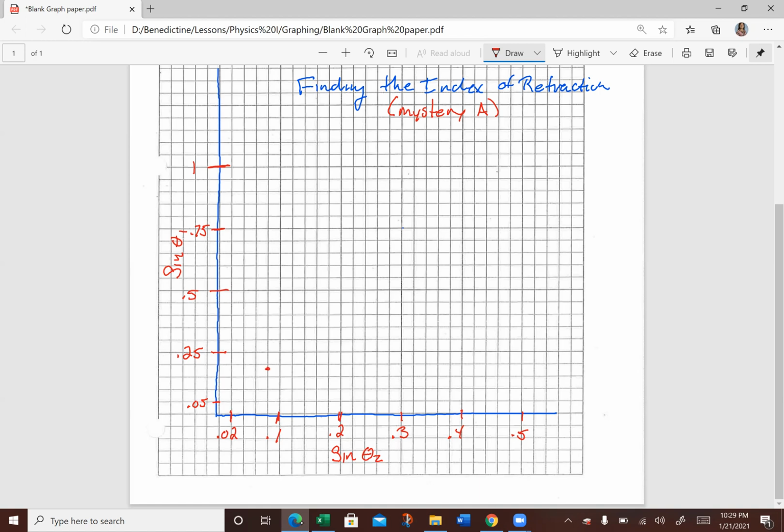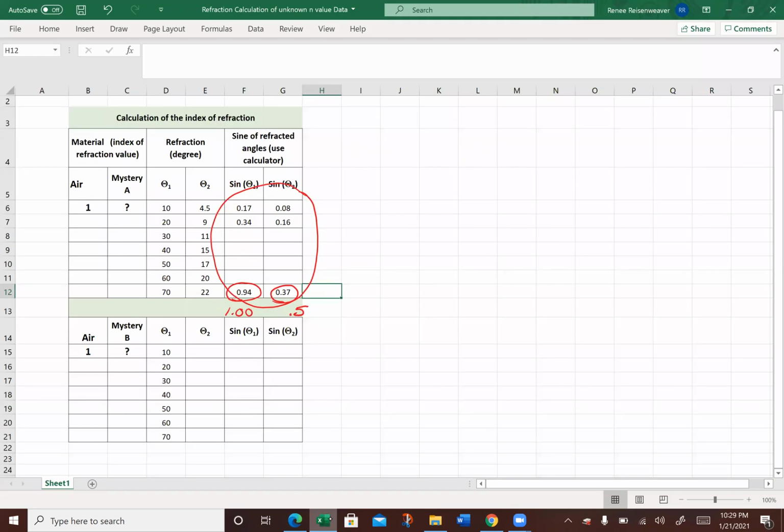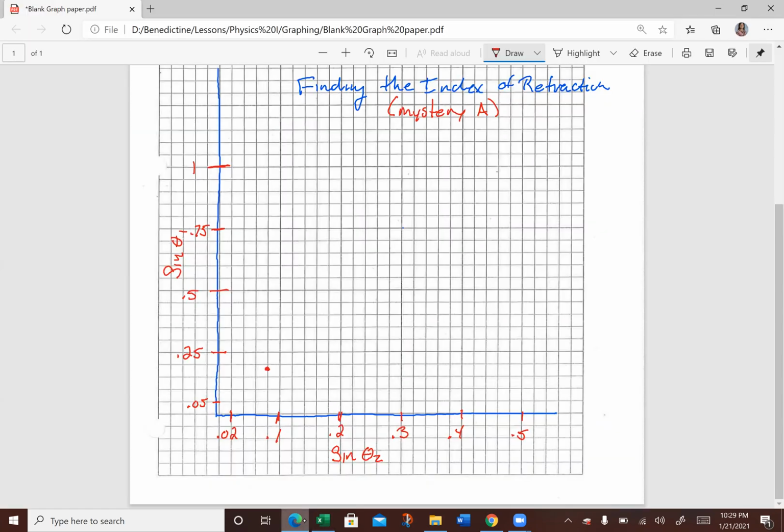So we're going to be about right there for our first data point. Our second data point, 0.34 and 0.16. This will be 0.3, 0.35, so 0.34 is going to be here, and 0.1, 0.12, 0.14, 0.16. It'll be right in there.